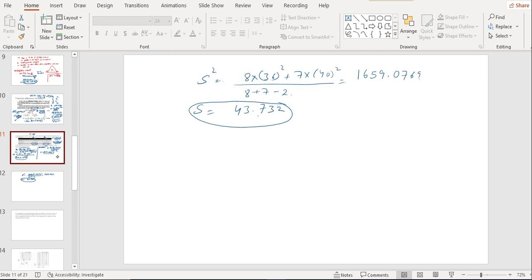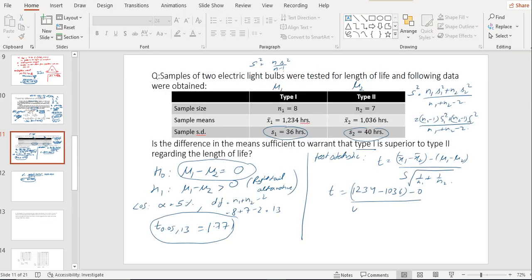So if we substitute this value 43.732 into the square root of 1 upon 8 plus 1 upon 7, this is 198 upon 43.732 times the square root of 1 upon 8 plus 1 upon 7.